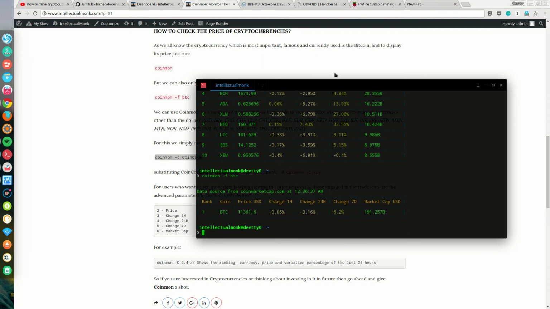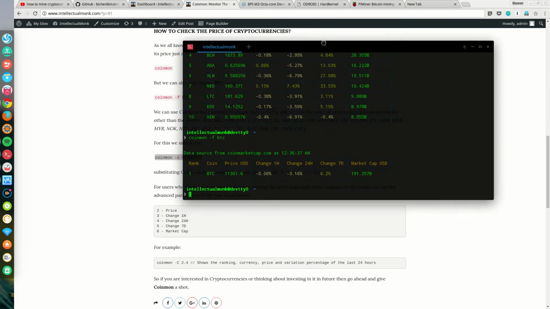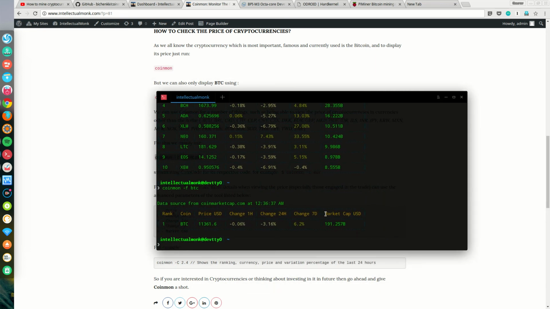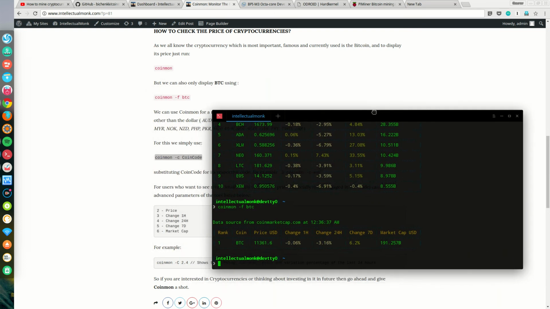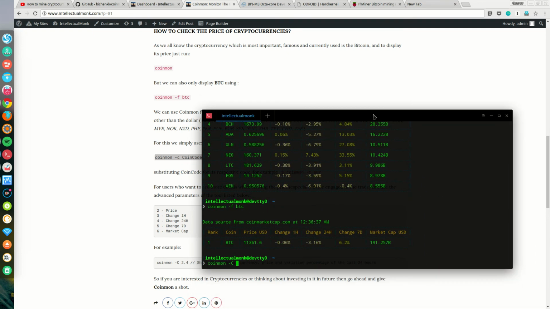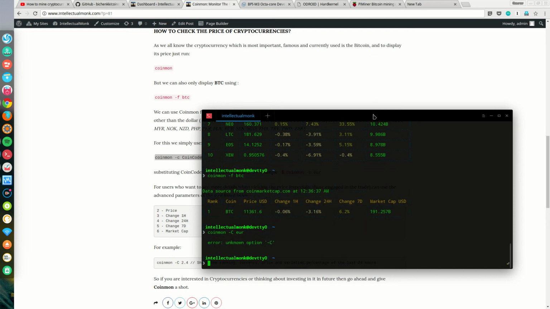So if you guys want to check its price in any other currencies, like right now it is showing in US dollars. So suppose you want to check its rate in euro. So the command is coinmon -c and then EUR for euro.